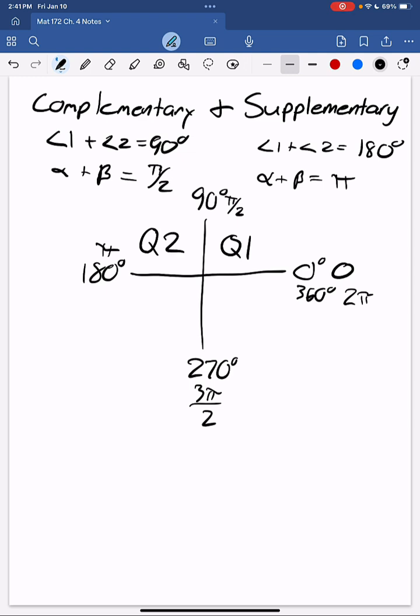Then I go on around and keep moving in a positive manner: quadrant 2, quadrant 3, and quadrant 4. So if you are asked if a point lies in quadrant 1, 2, 3, or 4, you just look at the point on the coordinate plane, see where it lies in relation to the origin, and that will tell you which quadrant it is in.